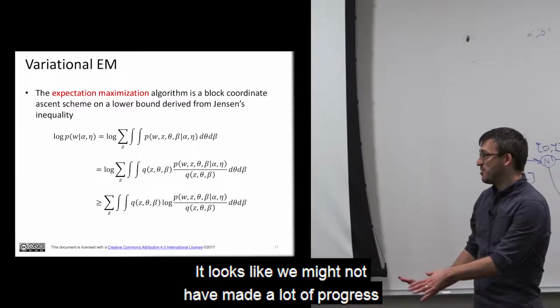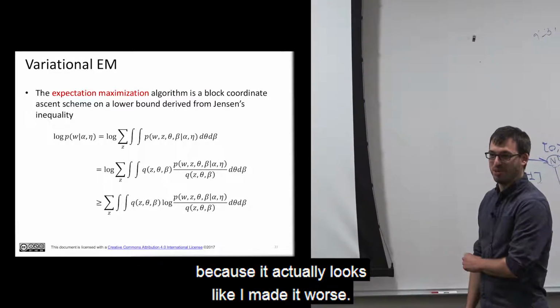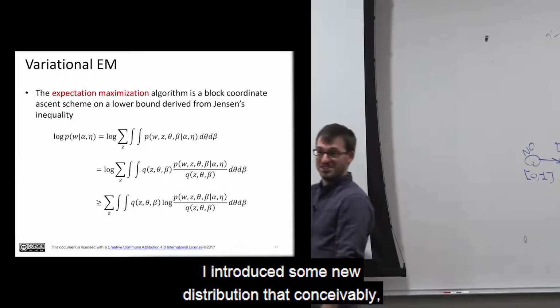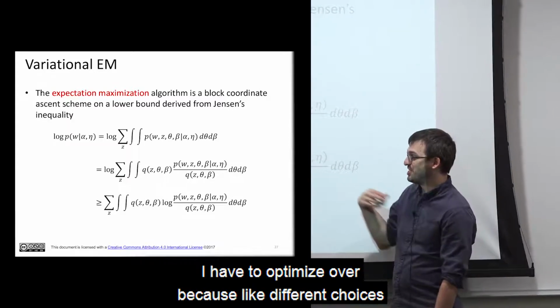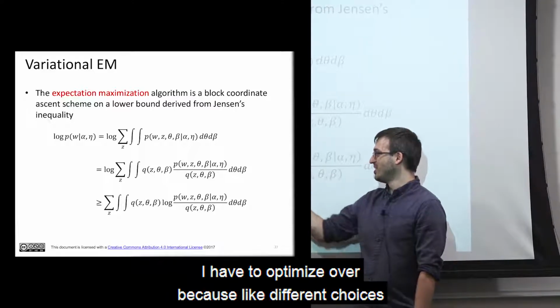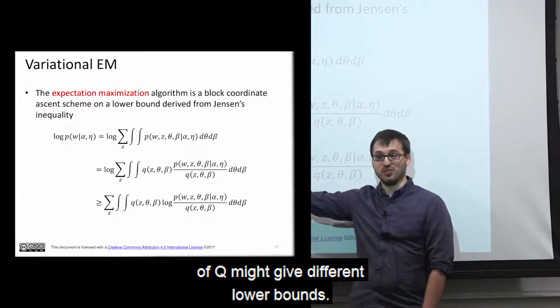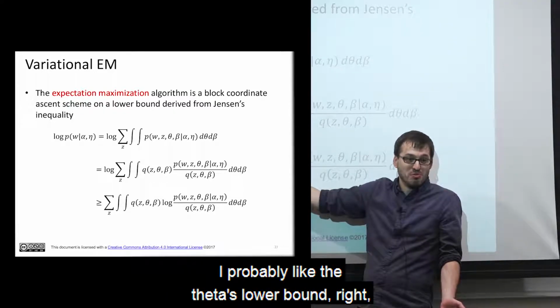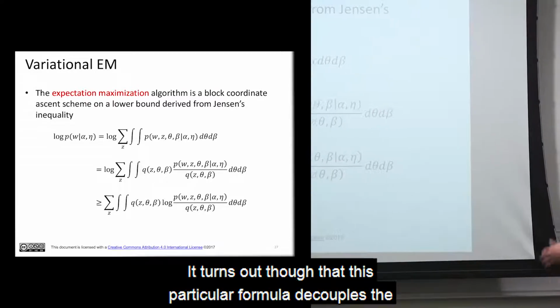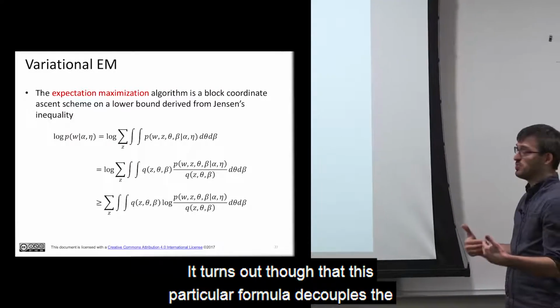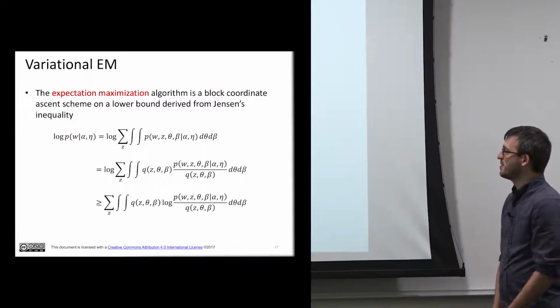It looks like we might not have made a lot of progress because it actually looks like I made it worse. I introduced some new distribution that conceivably I have to optimize over because different choices of Q might give different lower bounds. I'd probably like the tightest lower bound. So I've made the problem more complicated. It turns out, though, that this particular formalism decouples the problem in a nice way.